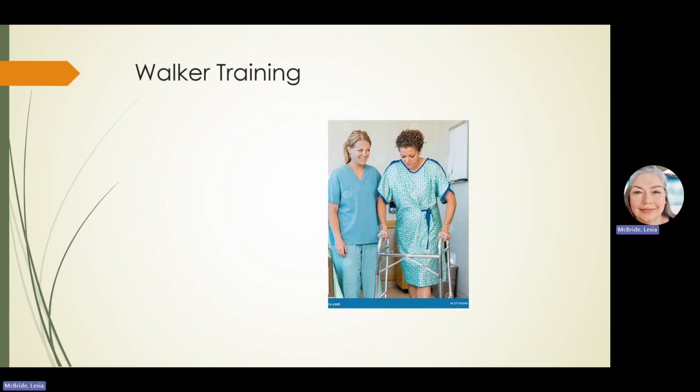Walker training, definitely they need to have a walker that is at the right height. Again, it should be at the crease of their elbow or at the higher point of the trochanter of the femur. Again, 15 to 30-degree angle with their elbows. They should be walking into the walker, not pushing the walker in front of them.